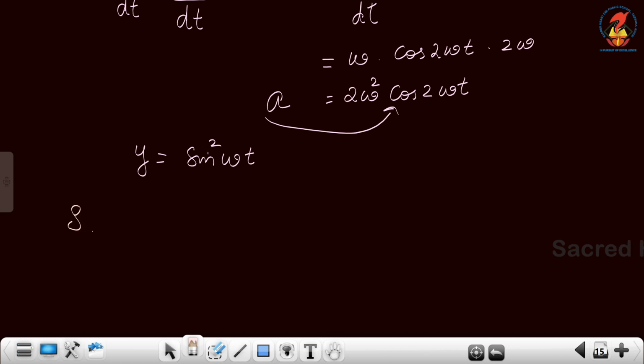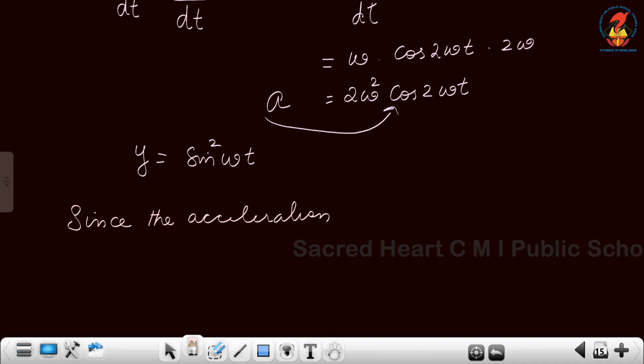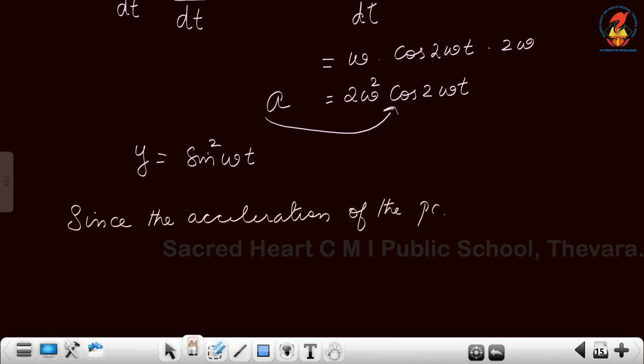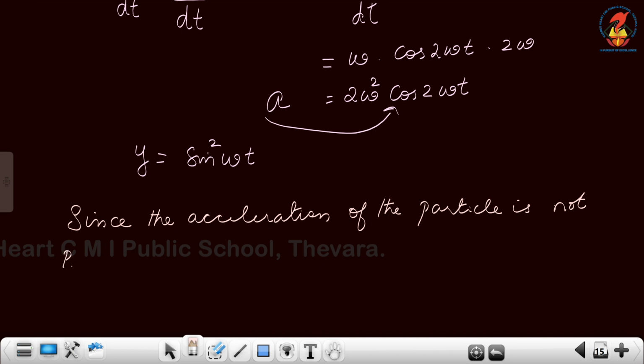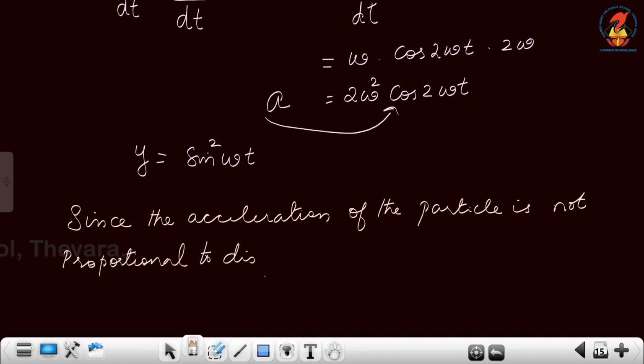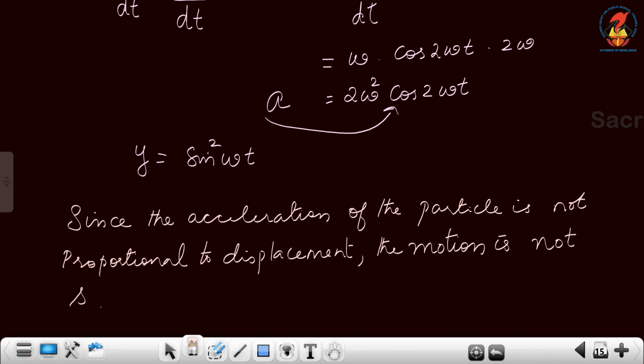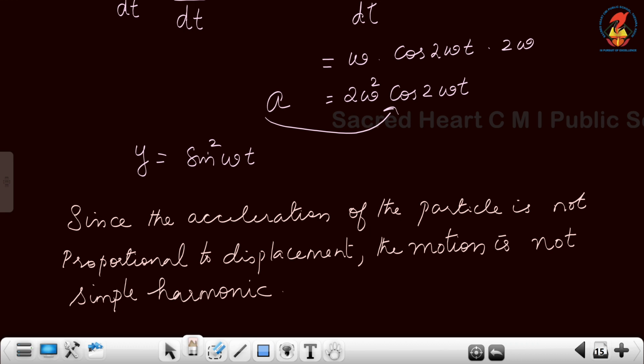So, we have to conclude by saying, since the acceleration of the particle is not proportional to displacement, the motion is not simple harmonic. I hope this is clear to you. Thank you.